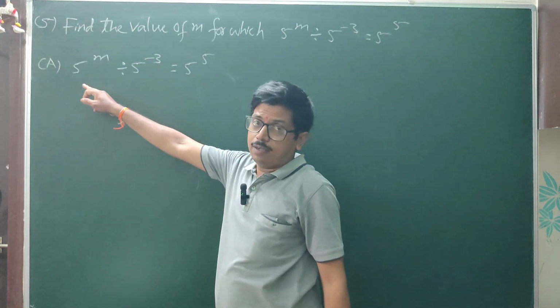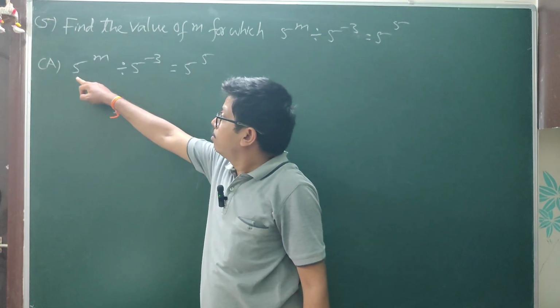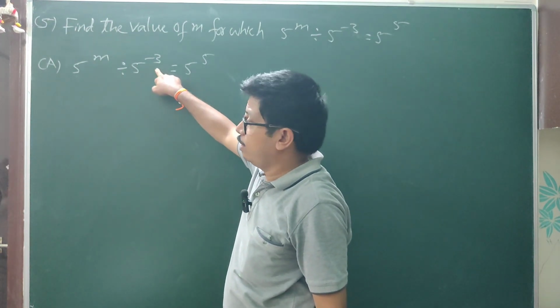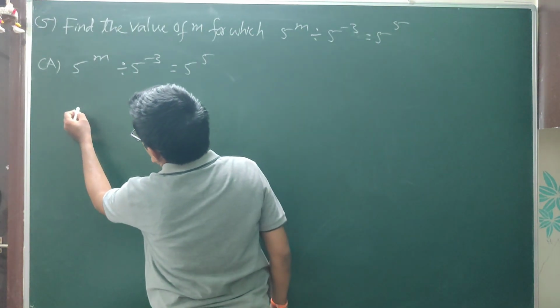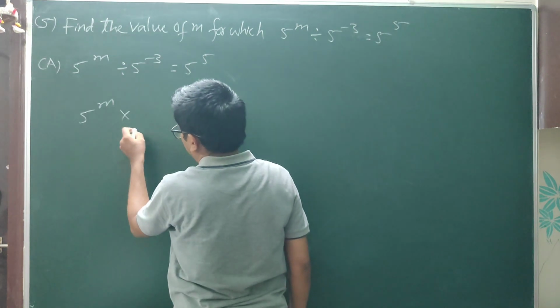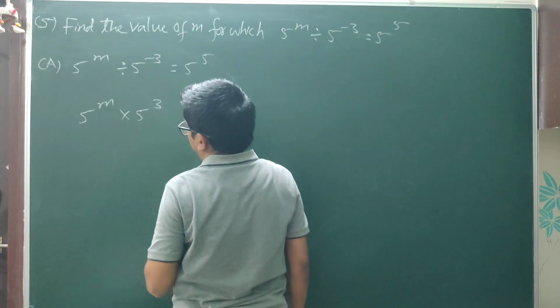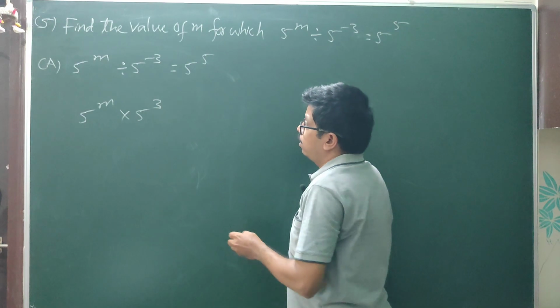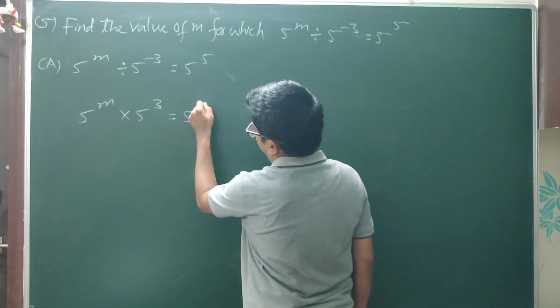Now let us see the left hand side. 5 power m divided by 5 power minus 3 becomes 5 power m into 5 cube, equal to 5 power 5.